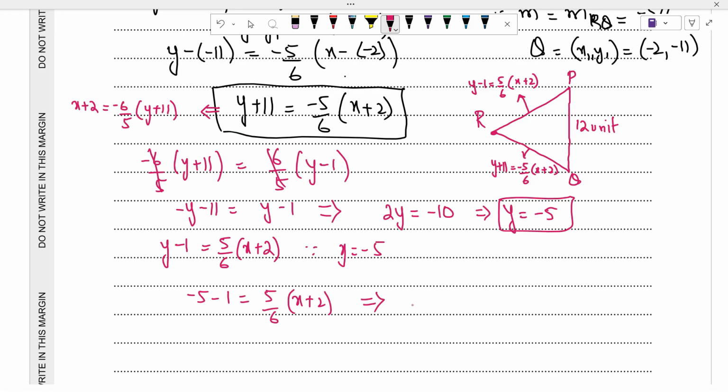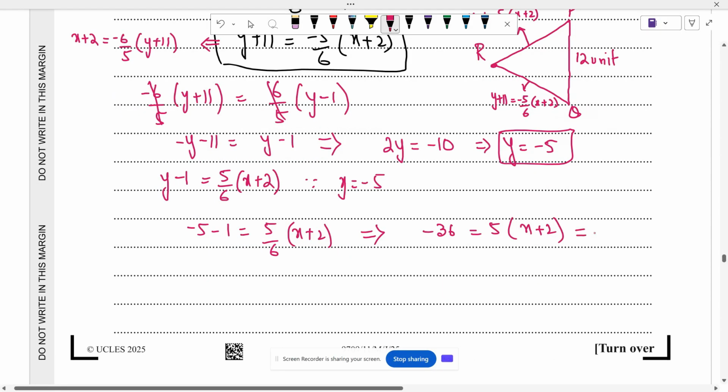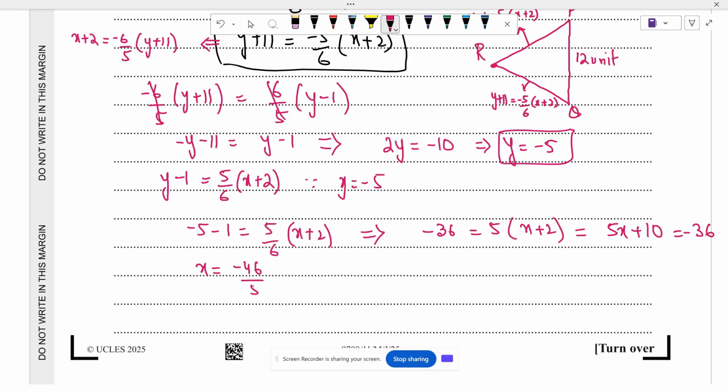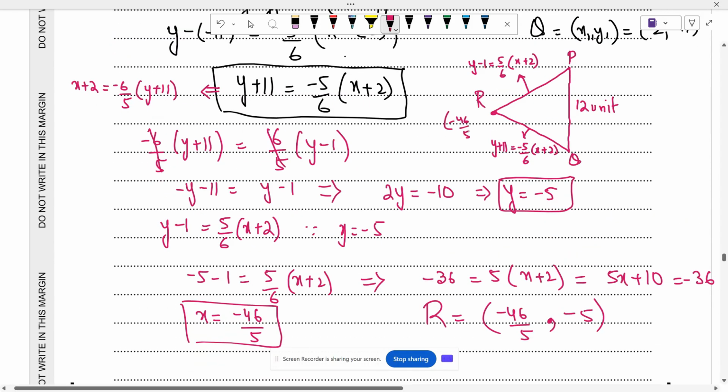Further solving, we will have negative 36 equals 5 times (x plus 2). So this will be 5x plus 10 equals negative 36, and x equals negative 46 over 5. So we have the coordinate of R, which is negative 46 over 5 comma negative 5.